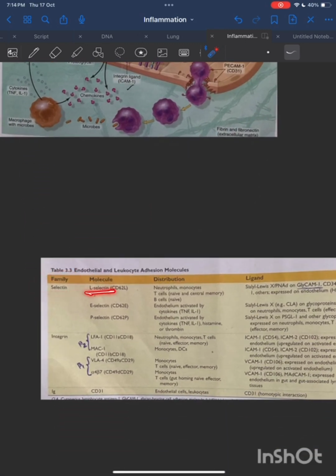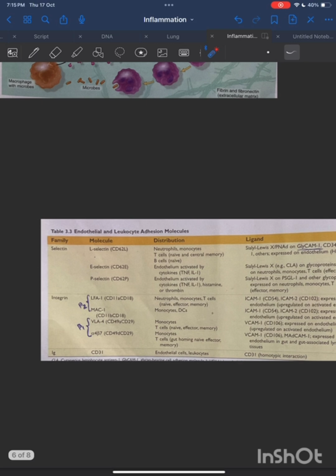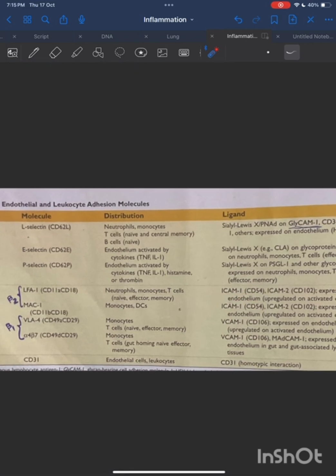Then this is selectin. There are three types of selectin: L-selectin, E-selectin, and P-selectin. And for all three, there is only one same, common ligand. Then integrin. There is LFA1, MAC1. For these two, the ligand is ICAM1, and it is also CD54.